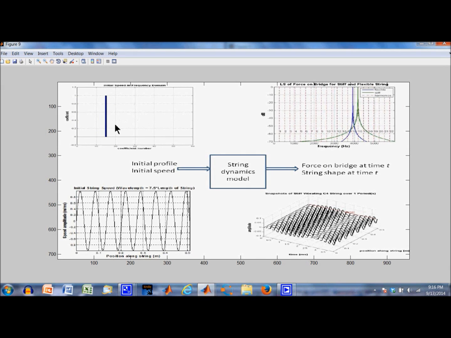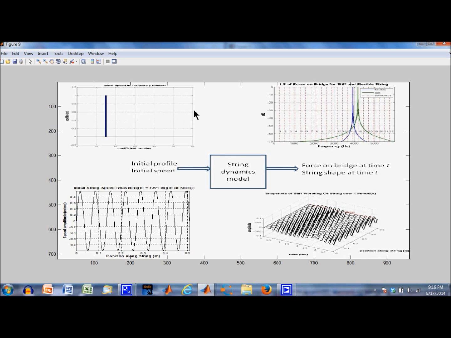As I mentioned before, we could have picked just one of the harmonics and fed it to the string dynamics model machinery. For example, this is the 15th harmonic. It corresponds to initial speed down here, which is completely unrealistic. The resulting wave shape in the time and the position domain, again, is pretty unrealistic.